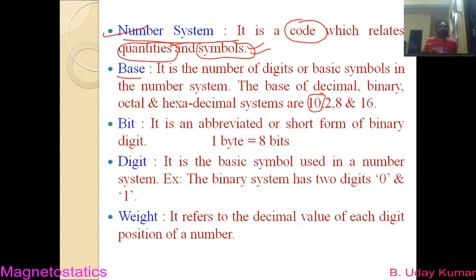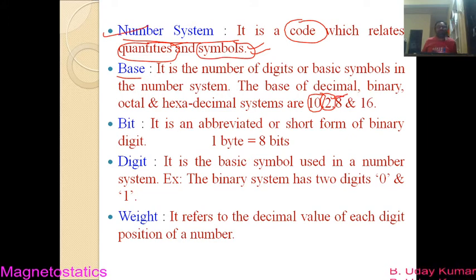Similarly, the binary system was having only 2 digits, one is 0 and another one is 1. So 0 and 1, overall the basic symbols are 2, and hence the base of the binary number system becomes 2.